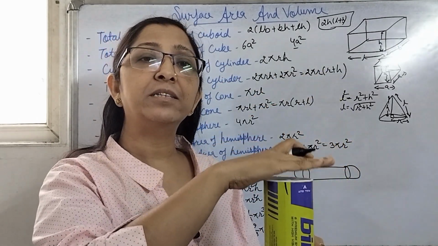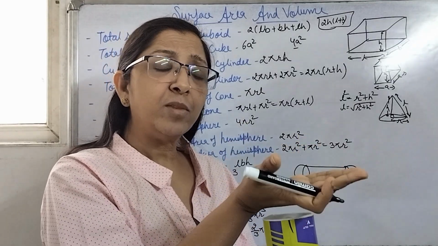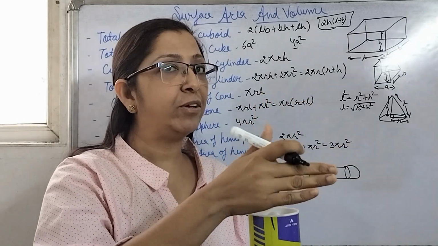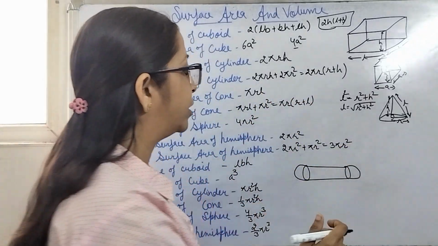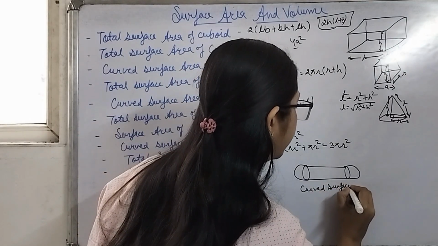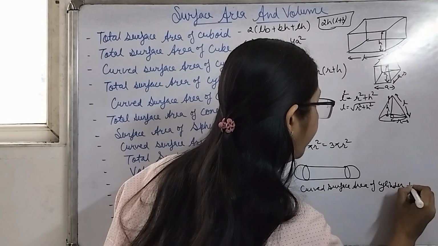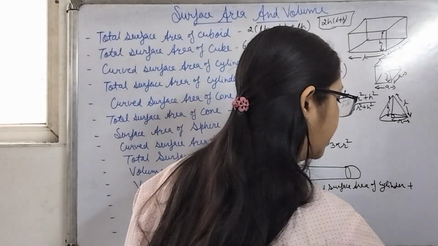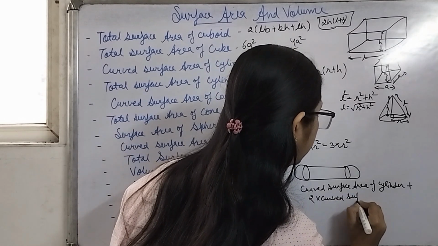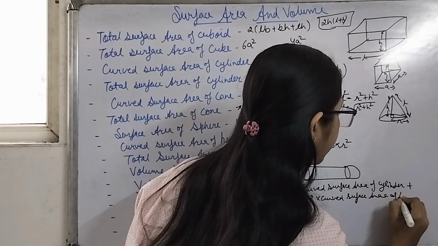Again, we won't be considering the total surface area of the hemisphere, because the bottommost part of the hemisphere is again hidden. So whatsoever is visible, we will be considering that area. So it will be the curved surface area of the cylinder plus 2 times the curved surface area of the hemisphere.